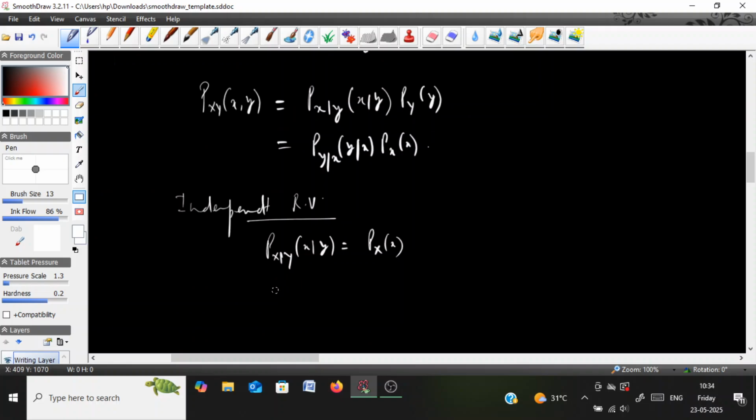Likewise, the conditional probability of y given x is the same as probability of y. So it implies that if x and y are independent random variables, then the joint PDF pxy can be written as px of x into py of y. So their PDF is basically separable if the two random variables are independent. Okay, and likewise their CDF can also be separated.